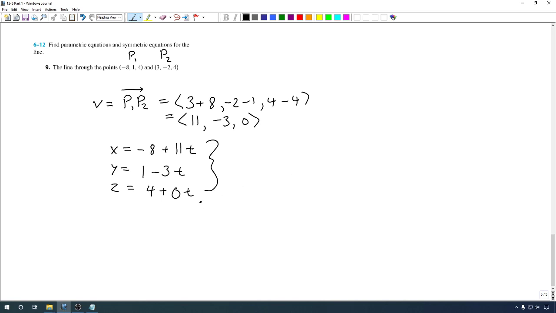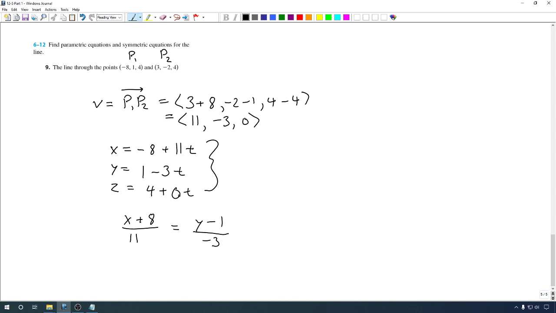To get the symmetric equations, what we would do is we'd solve these equations for t. So the first one, we'd bring the negative 8 over, so we have x plus 8, and we divide it by 11, is equal to, now we'd say y minus 1, and we divide it by negative 3. But again, with the z equation, we do not have the ability to solve for t.